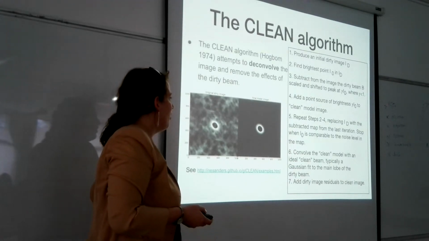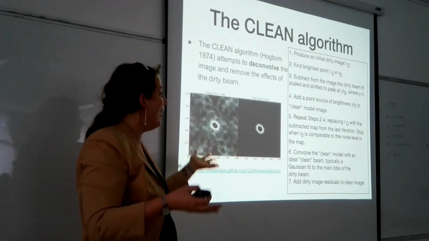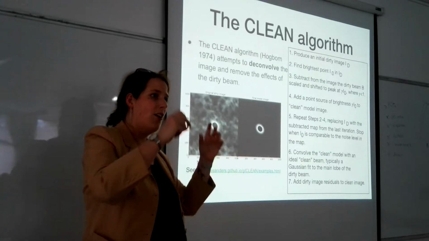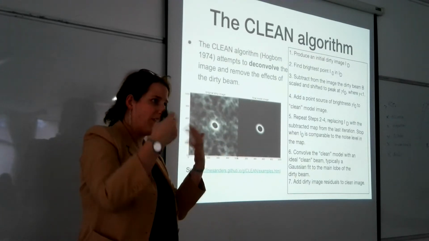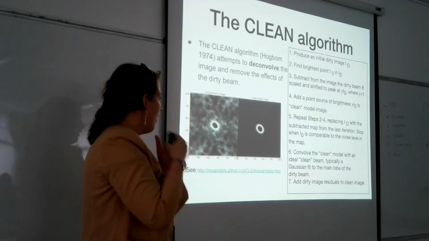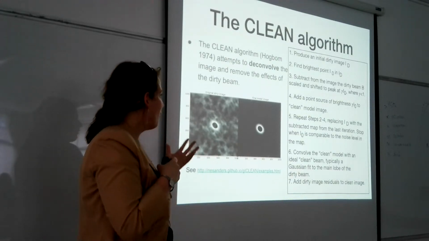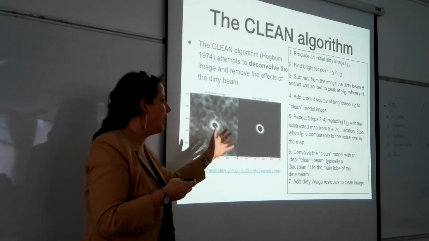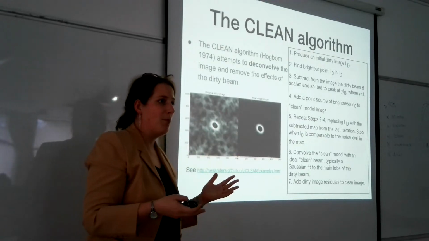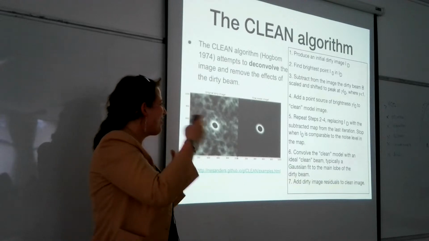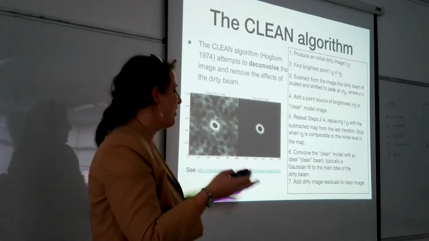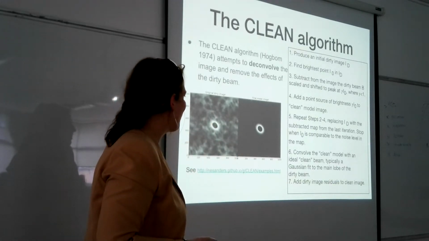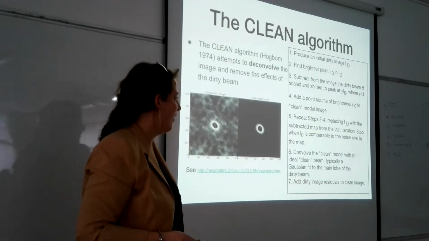And finally, you're left with a clean model, so this is the collection of all these bright point sources that you found in the beginning. You convolve that with a clean beam, which is a Gaussian fit to your dirty beam. So this sounds very complicated, but you will see in practice it actually works really naturally.